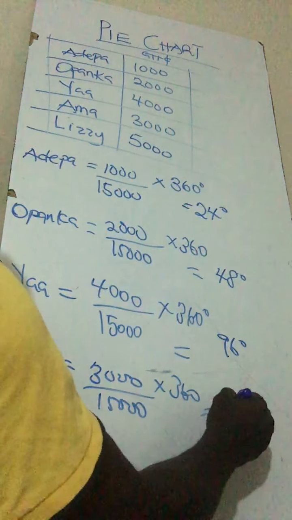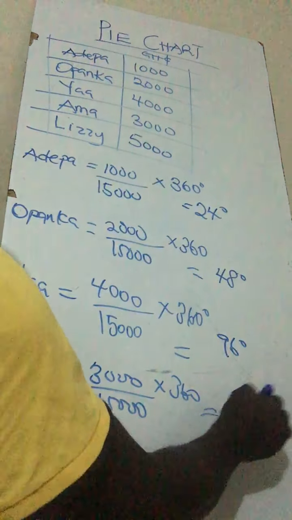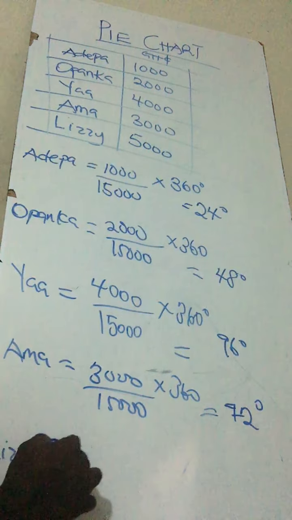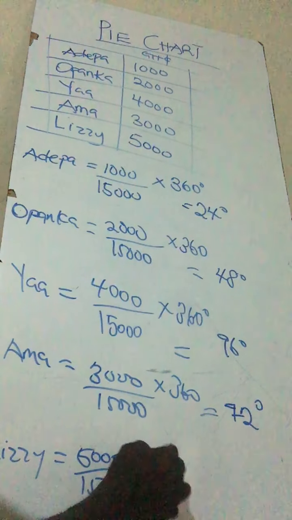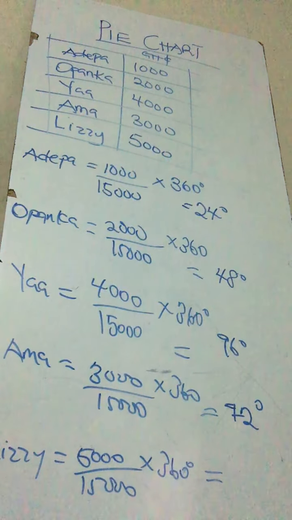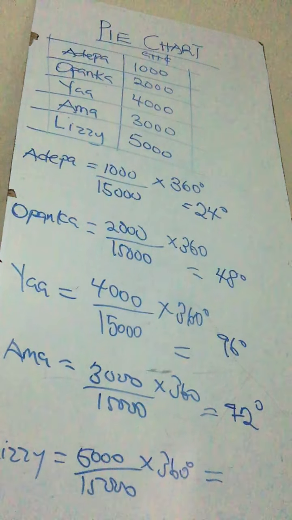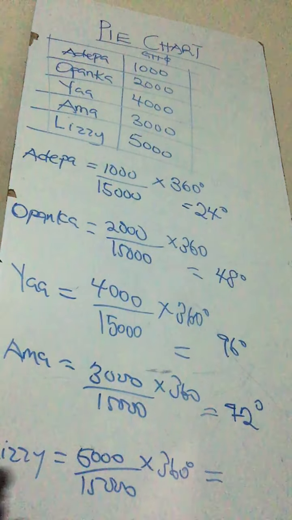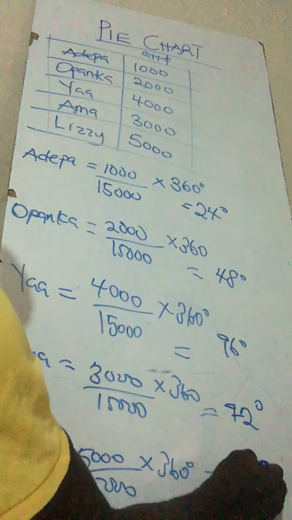You get 72 degrees. Now, Lizzie is 5,000 over 15,000 times 360 degrees. What do you get? 5,000 divided by 15,000 times 360. You get 120 degrees.